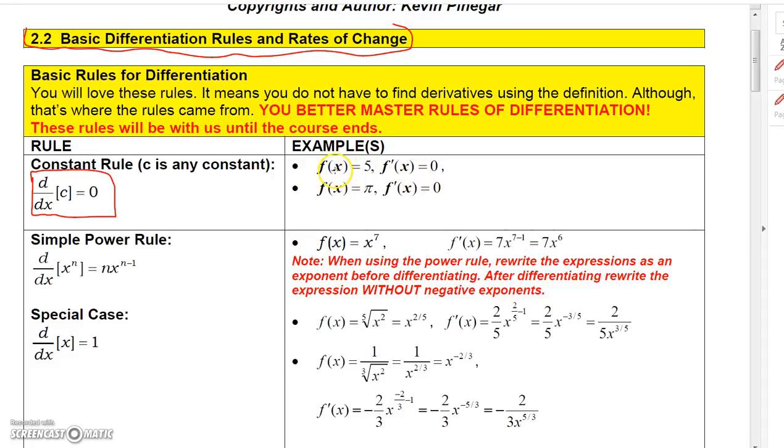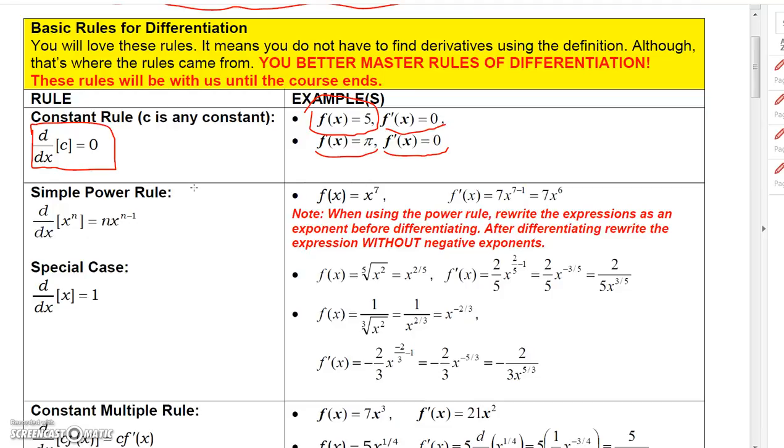So I'm just going to show you examples. So if your function is a constant function like 5, then the derivative of that is going to be 0. Also, if your function is pi, then the derivative of that function is going to be 0. So as long as the function is a constant, the derivative is always 0.